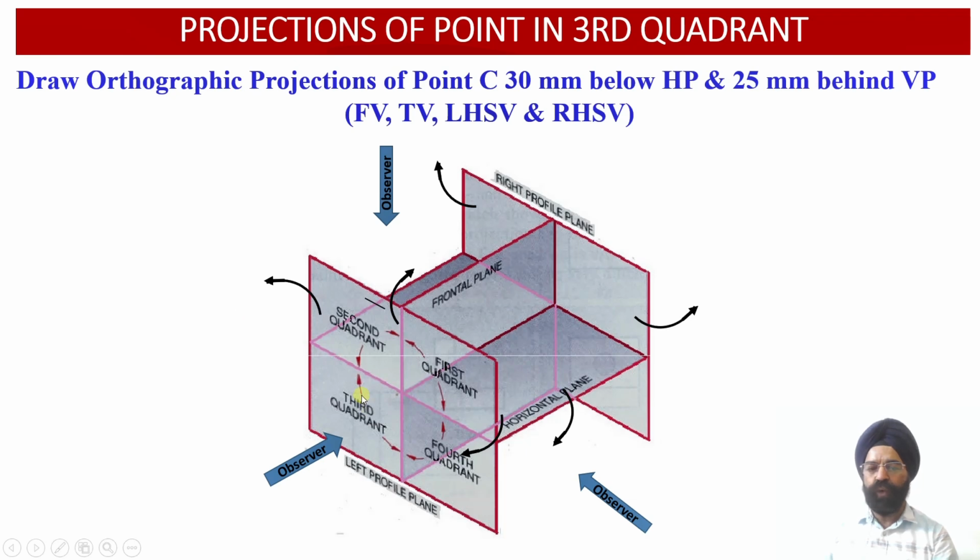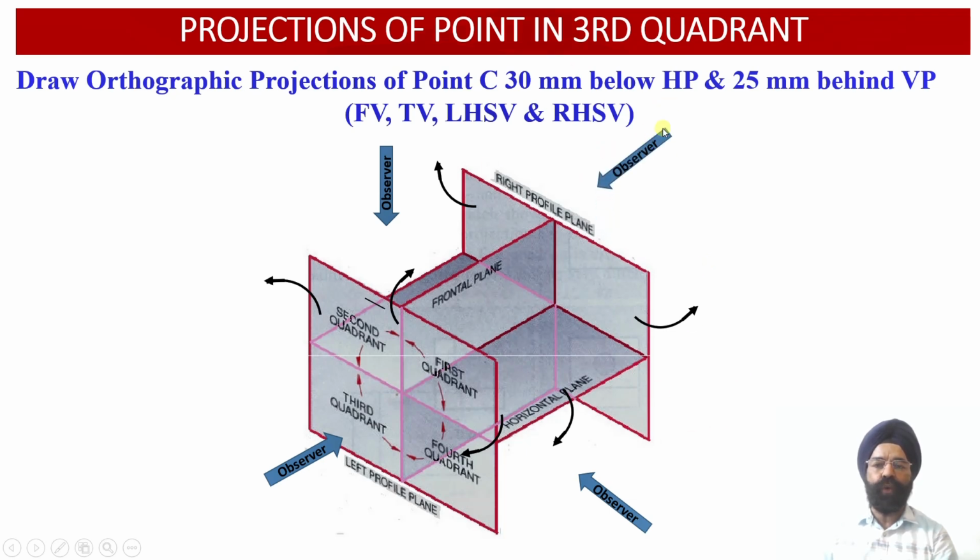So we obtain the left hand side projection of this point onto the left side profile plane at this position, and then about this hinge we carry out the rotation of the left side profile plane into this left side orientation. So we obtain the left hand side view projection of the point in the left profile plane on the left side of the front view projection, below the XY reference line.